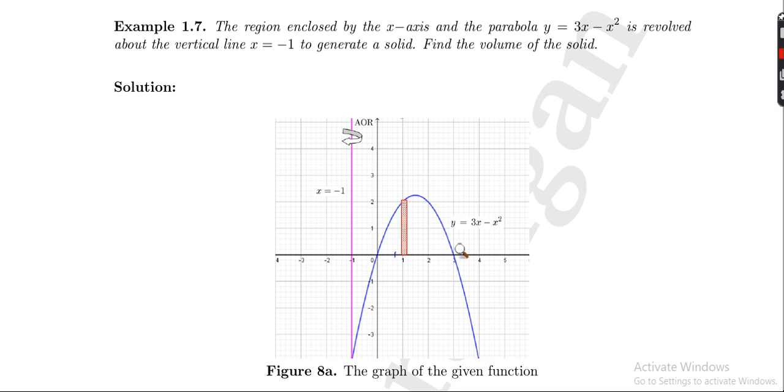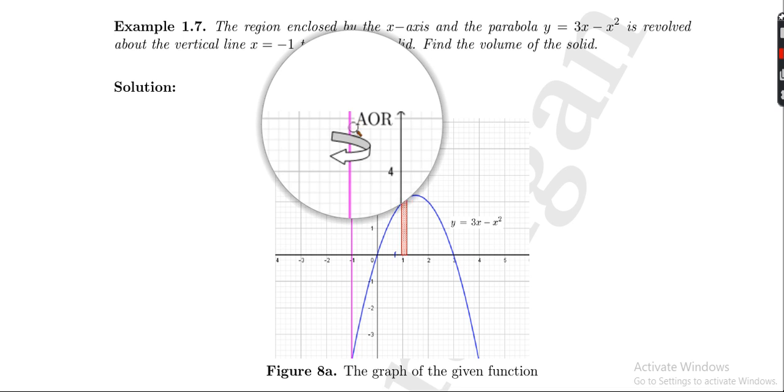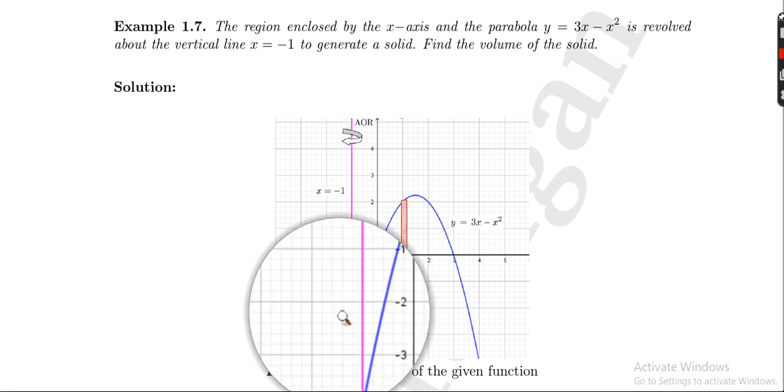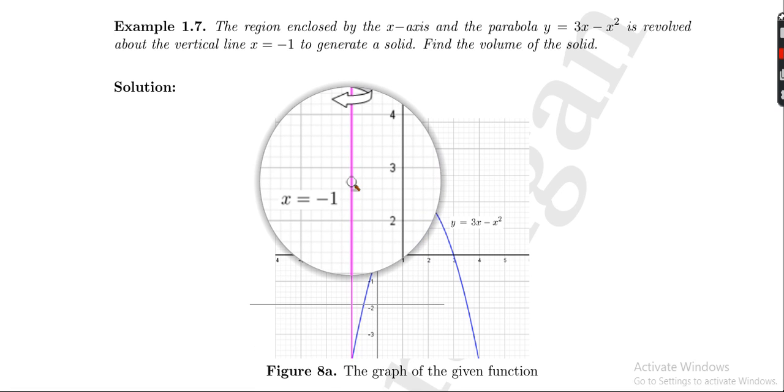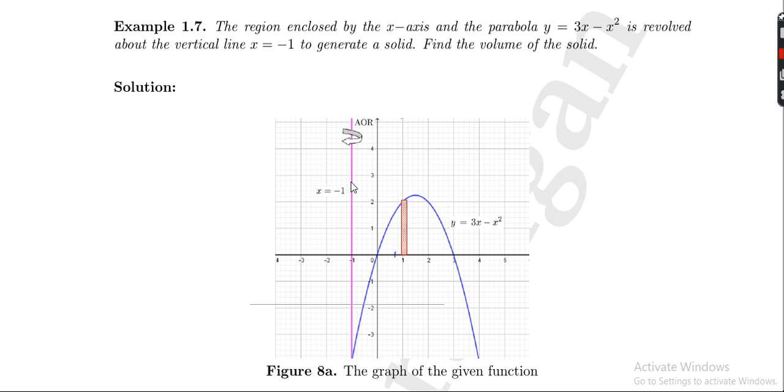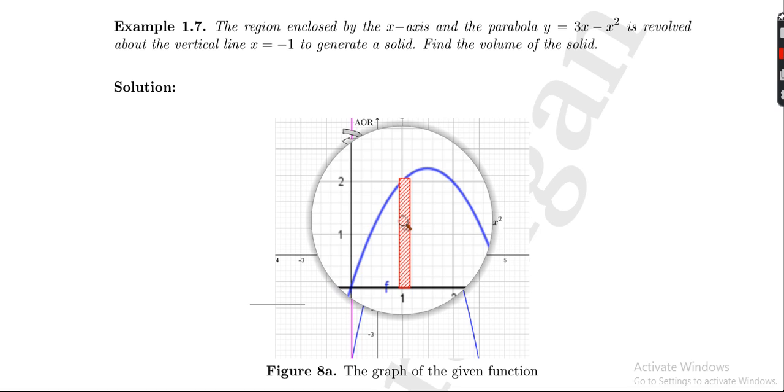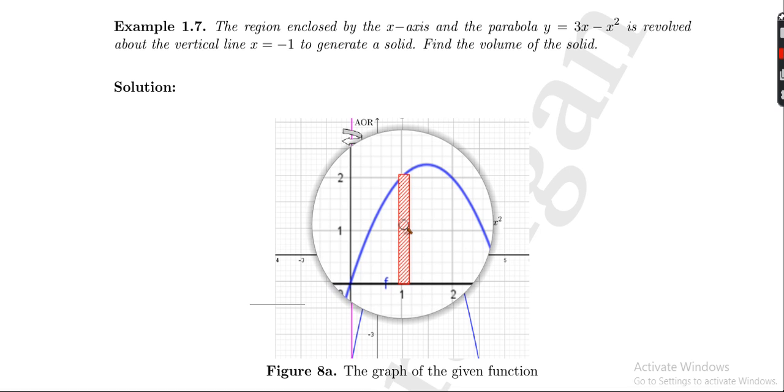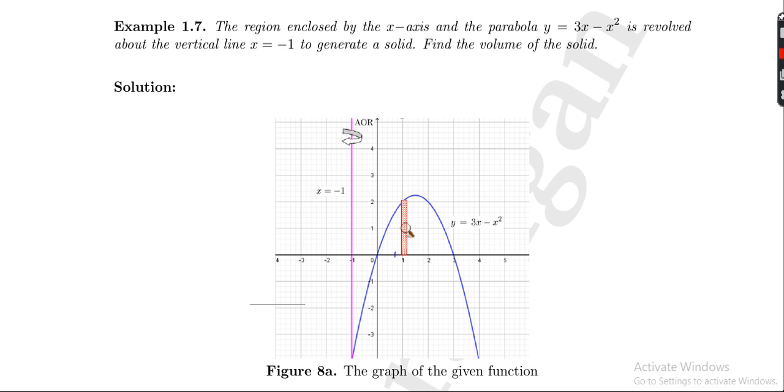So in our problem, we have the axis of revolution as a vertical line, and that is x equals -1. Okay, so I'll place my rectangular strip here. I use vertical, and as you can see, the rectangular strip is parallel to the axis of revolution.